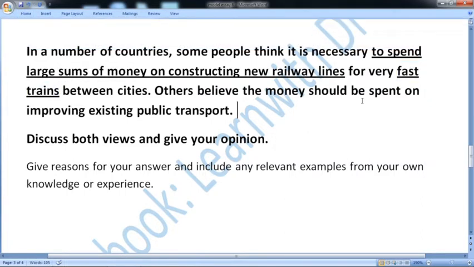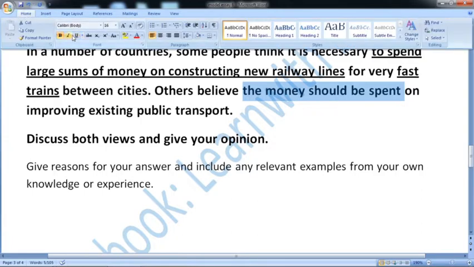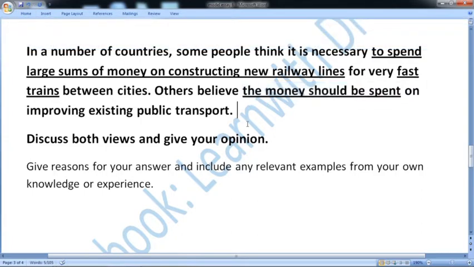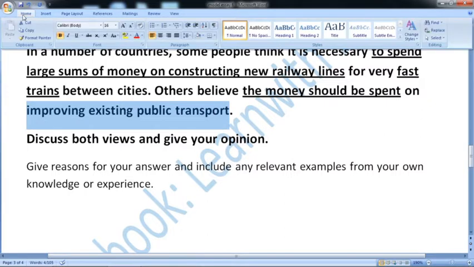Others believe that money should be spent on improving existing public transport. As I'm working on a laptop, it takes a long time, but in the real exam, you just need to underline the important things. It would not take too much time.